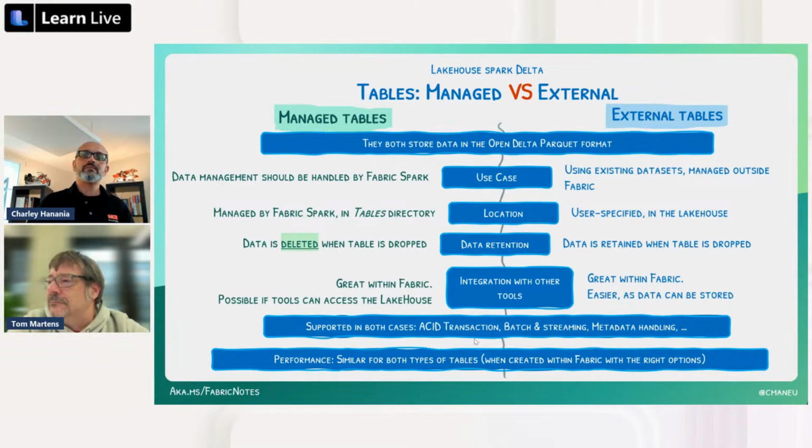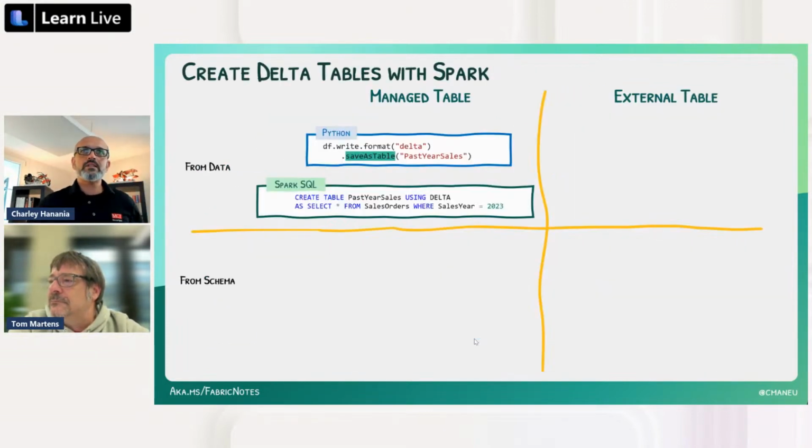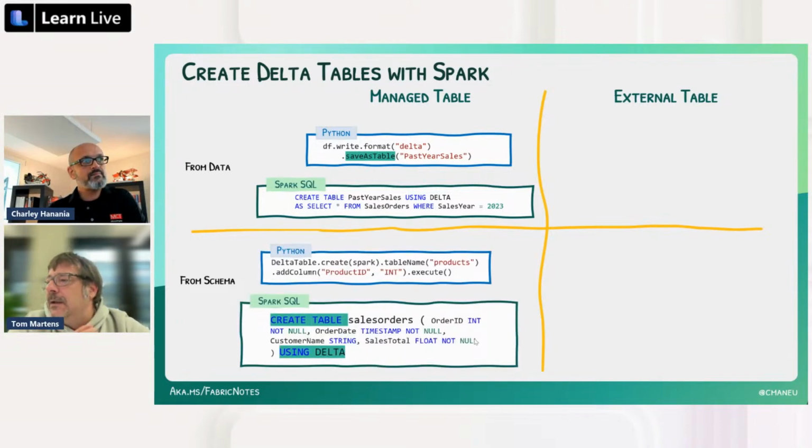Brilliant. Okay, so from that now, let's take a look at how we would work with those tables. What's coming is I will highlight this more in the exercise. So how can managed tables be created? Here we see I can create one from a schema.